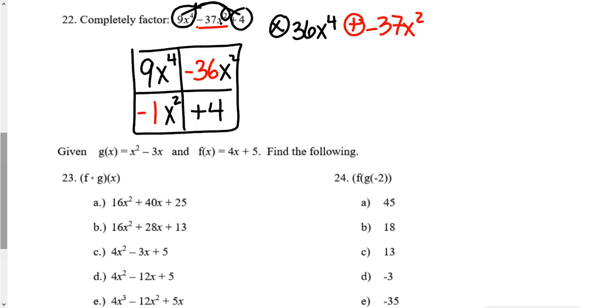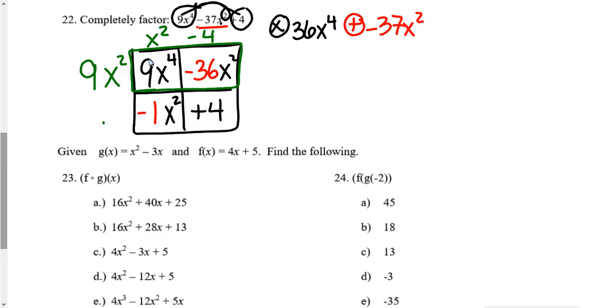All right, now I look at my top row here, and I take the GCF out of those. So my number part is 9, and then they both have an x squared. So I'm going to take out 9x squared. On top, what times 9x squared gives me 9x to the 4th? Well, that's x squared. What times 9x squared gives me negative 36x squared? That's negative 4.